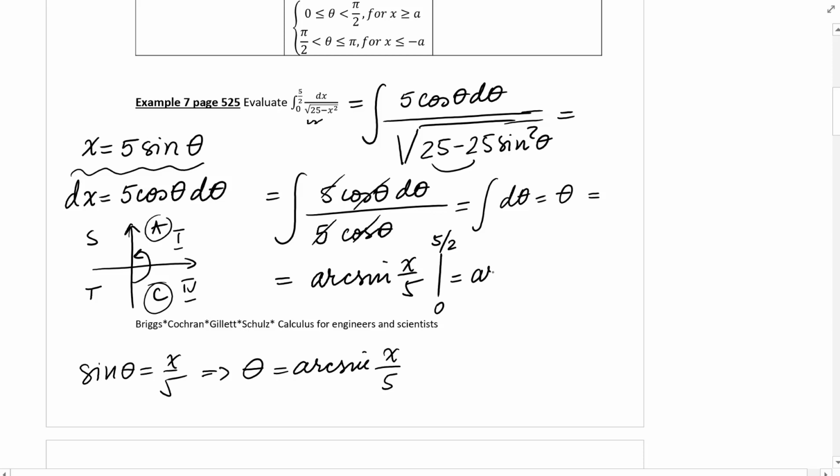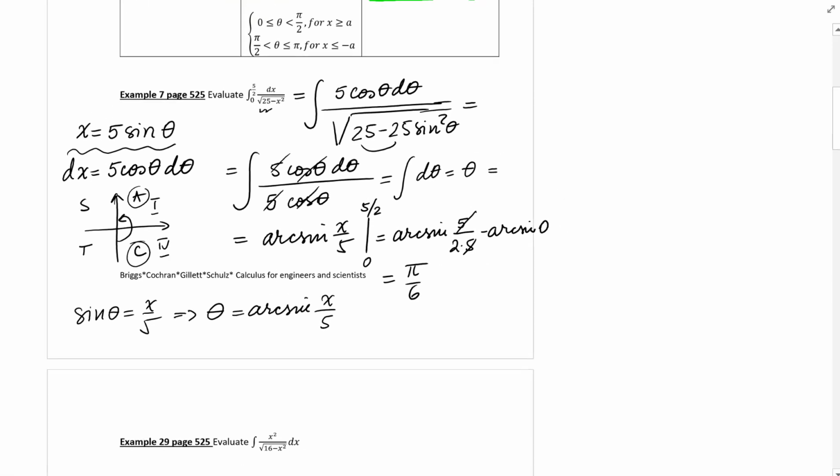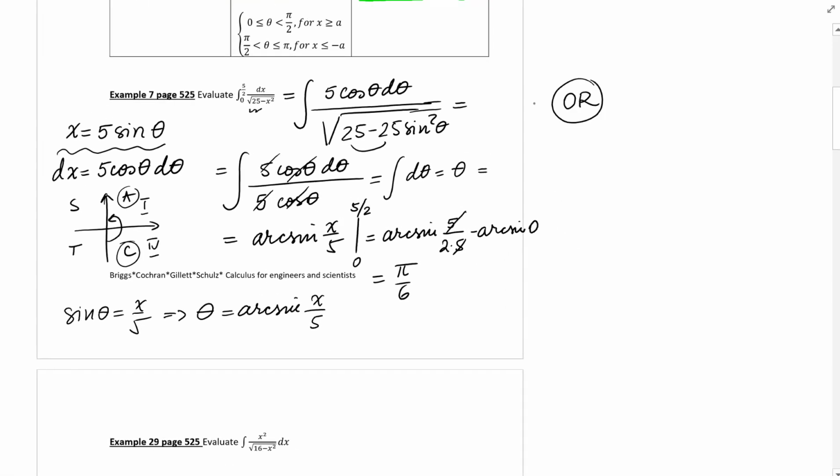So we get arc sine of 5 over 2 over 5, so it's like this, and then minus arc sine of 0. So arc sine of a half, where it's what angle, sine of what angle is a half, and the angle is in quadrant 1 or quadrant 4, well, it's pi over 6. And arc sine of 0 is 0. Now this problem, you actually learn how to solve using formulas.